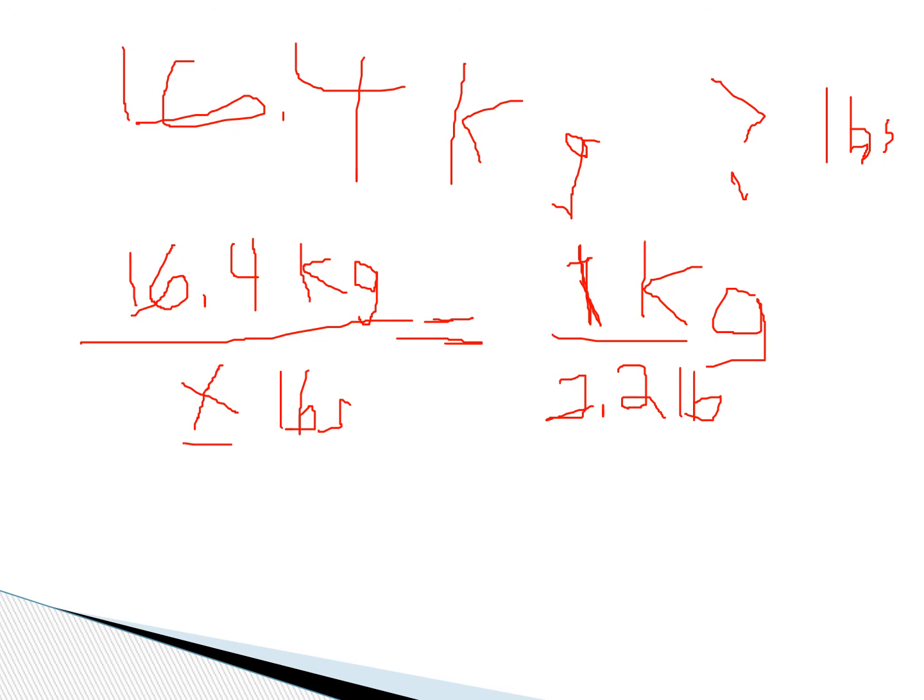So in this situation, instead of dividing, I'm just going to multiply. 16.4 times 2.2. And if you'd like, you can use your calculator, just so that you know how to do it. I'm going to work it out for you guys. I'm going to drag you through the agony.